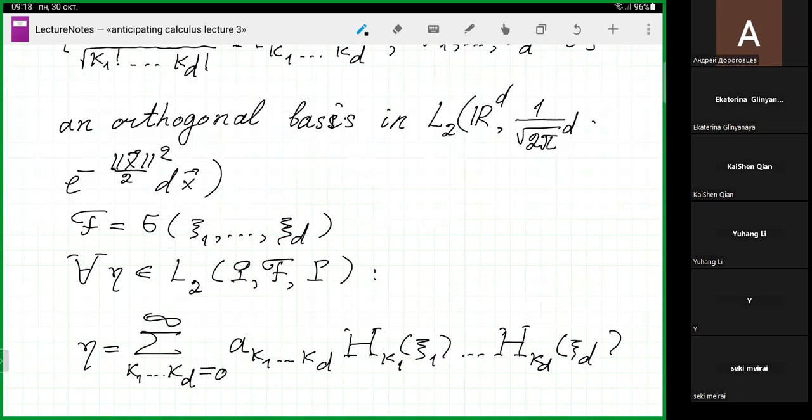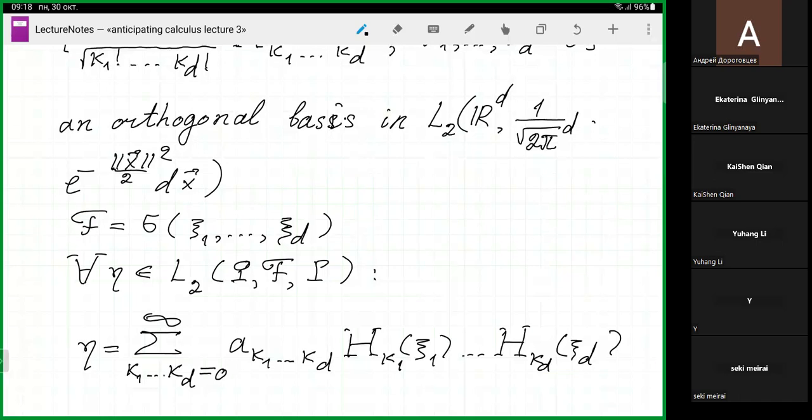For example, we will need an infinite number of Gaussian random variables, related to, for example, the Wiener process. And in this case, it will be very hard to understand the infinite sum with respect to all xi of these products of Hermite polynomials. So it is natural to ask for a more beautiful form of this expansion.